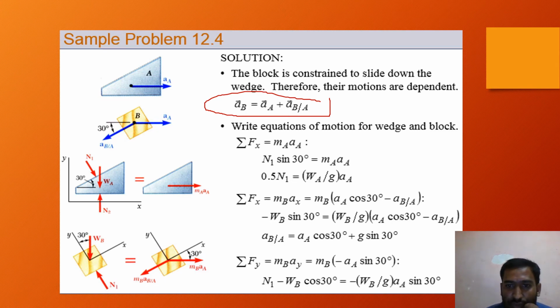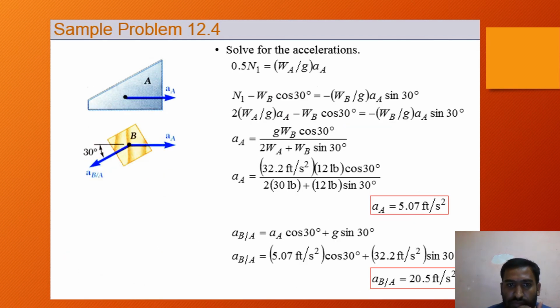Write the equation of motion for the wedge and block. We wrote it in the x direction and in the y direction. Yes, that is the complete x direction. Okay, that is the y direction. The free body diagram is given. Please try to understand. Let's move on.